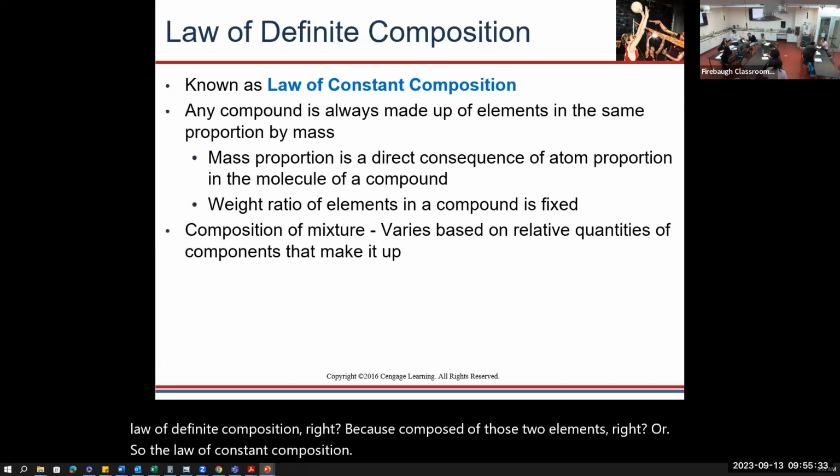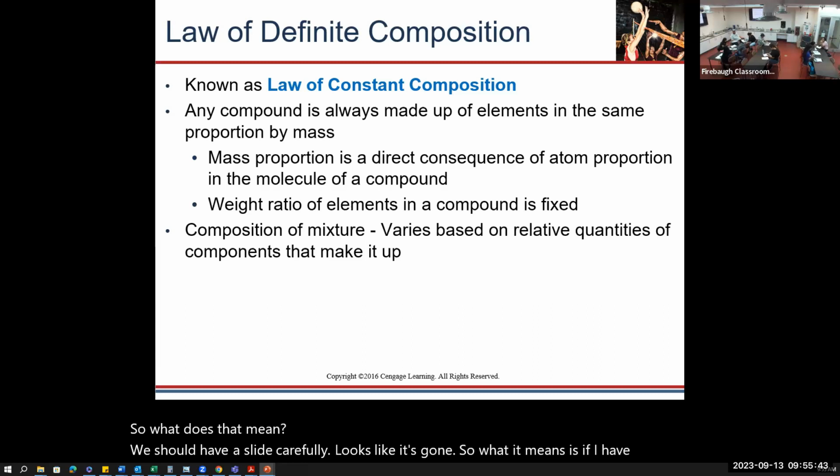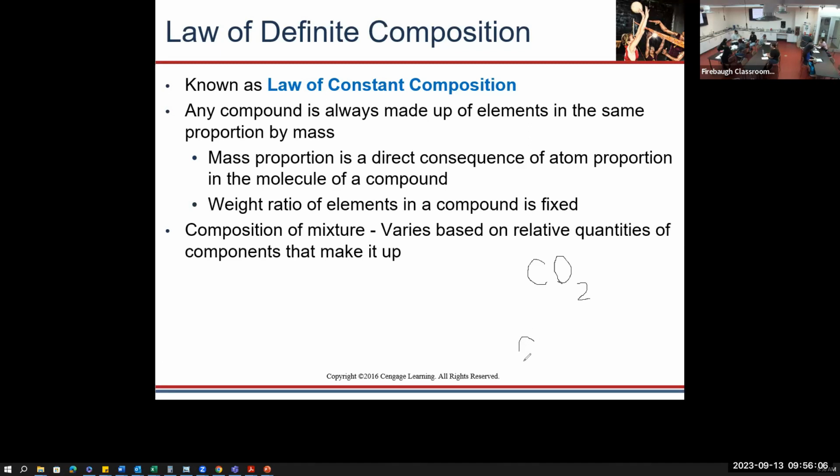So what does that mean? Let's go. What it means is, if I have carbon dioxide, and I have carbon monoxide.